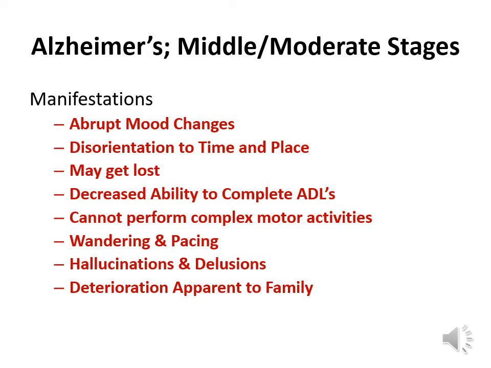Signs and symptoms at this stage involve forgetting older facts, continually repeating stories in conversation or asking the same questions, even making up stories to fill in the gaps. We call this confabulation.